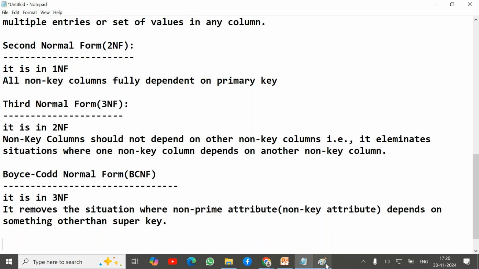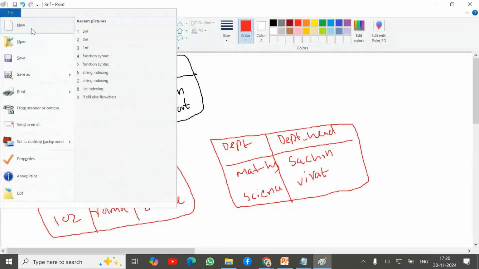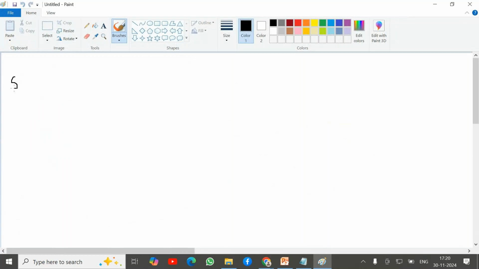Now here one table: student ID is one column, course ID is another column, instructor. 101, 102, course ID 1 and course ID 2.